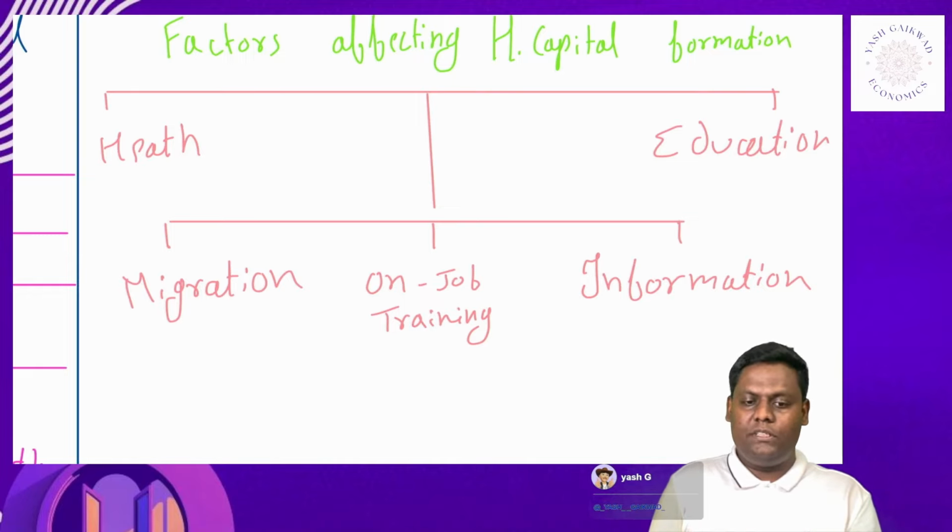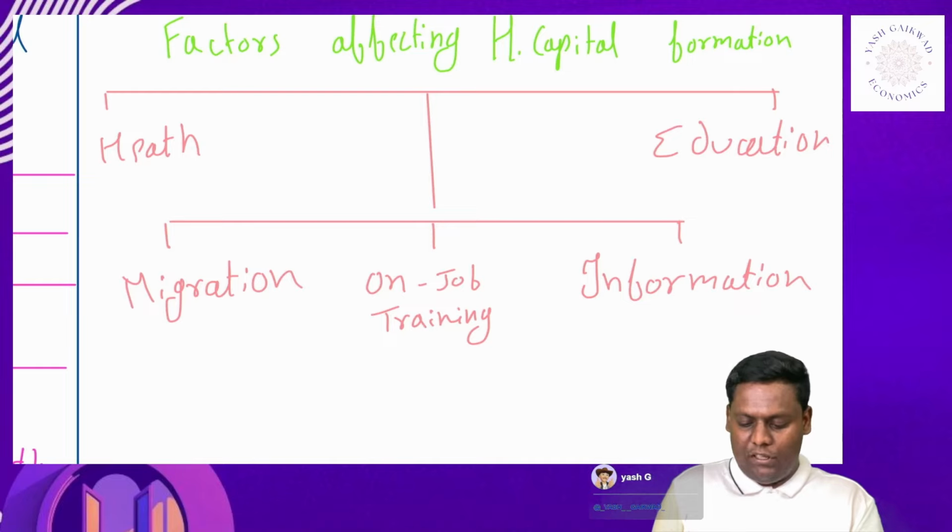Whereas if the same person is undergoing some sort of illness, he would be mentally absent, he would be reluctant to try new things or work longer hours. As a result, his overall output will deteriorate. So we'll be looking at how health contributes to the formation of human capital.